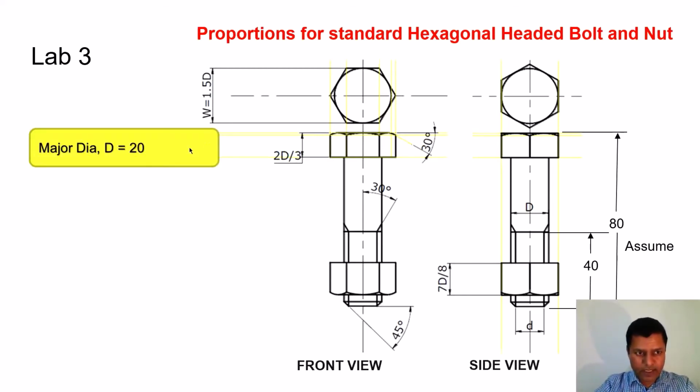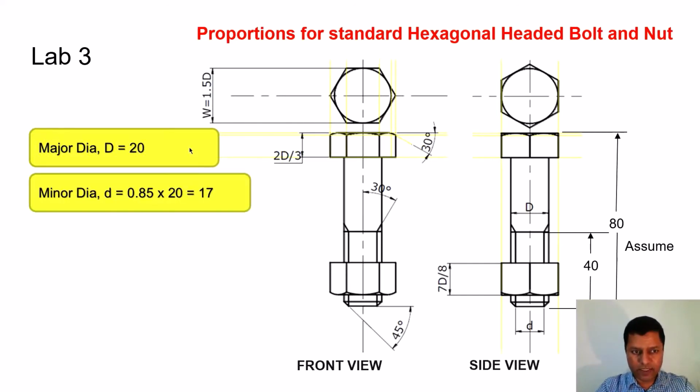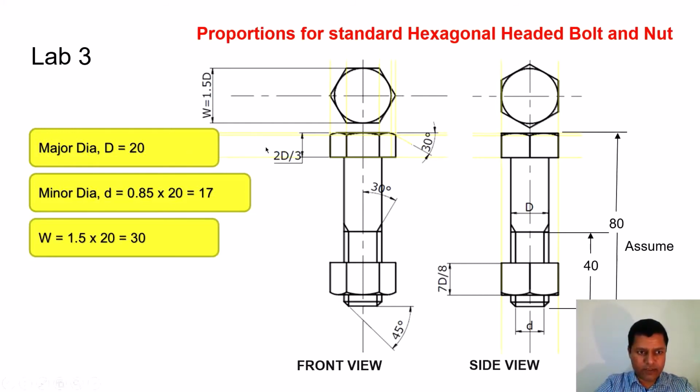Let's take major diameter equal to 20. From that we can calculate minor diameter equal to 0.85 into 20, that will be 17 millimeters. All dimensions are in millimeters here. The width W here is 1.5 times D, that is the distance across the flats of the hexagonal head, that is 30.